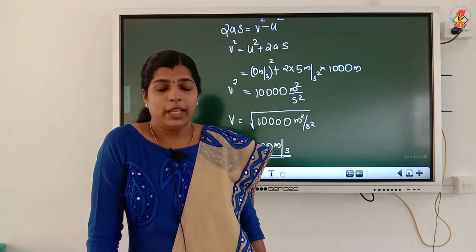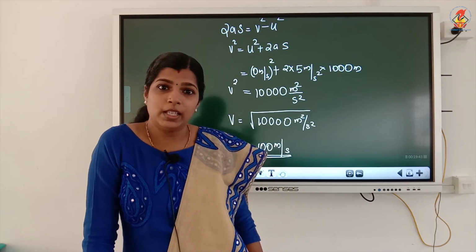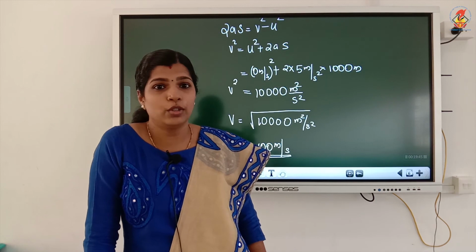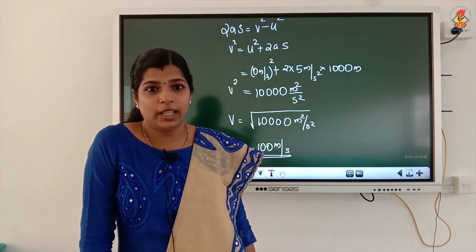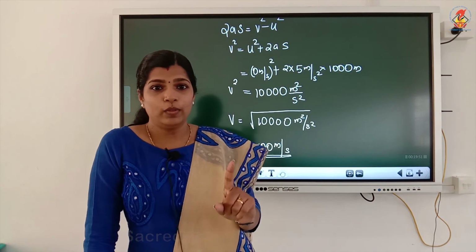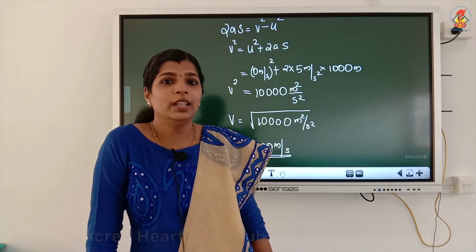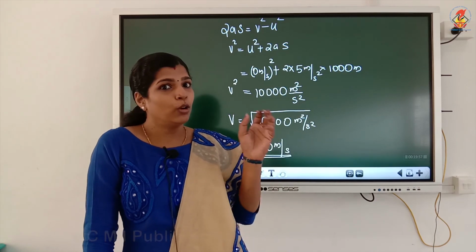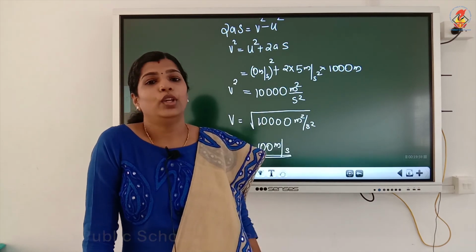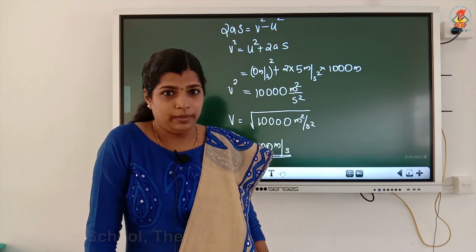Okay. Minus and minus will get cancelled, minus into minus is positive, all those things you need to apply here. That I will not teach you in the class, that you have to study in the lower classes. I think you have already studied it. So, you have to apply all those things here when you do the problems.